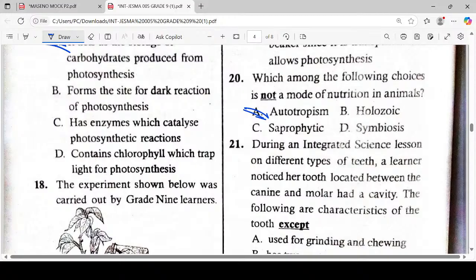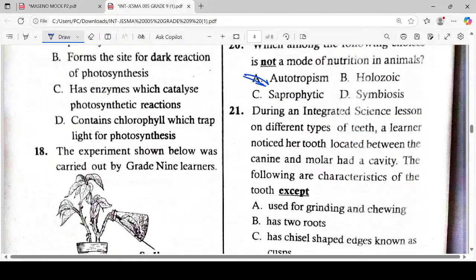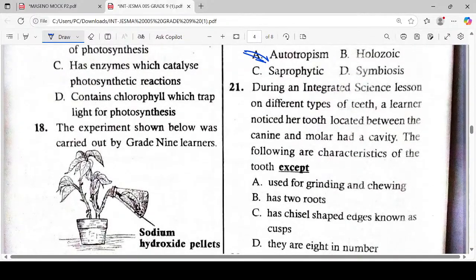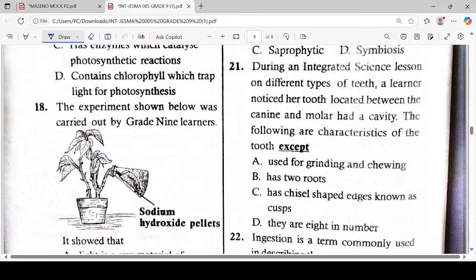Question number 21. During an integrated science lesson on different types of teeth, a learner noticed her tooth located between the canine and the molar. So when they say a tooth located between the canine and the molar, that tooth must be what is called a premolar. The following are characteristics of the tooth, except one: used for grinding and chewing, yes.